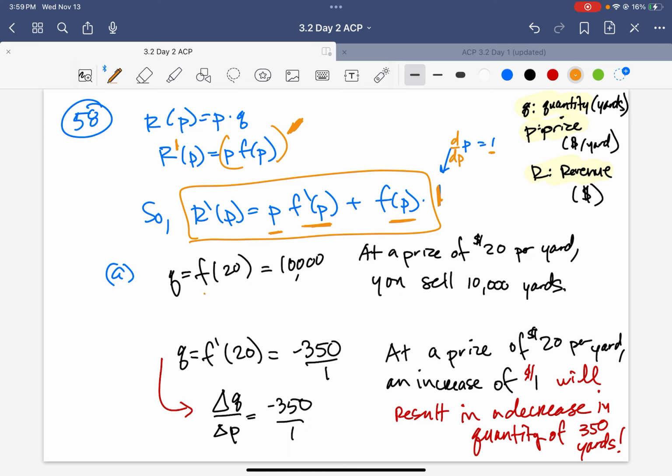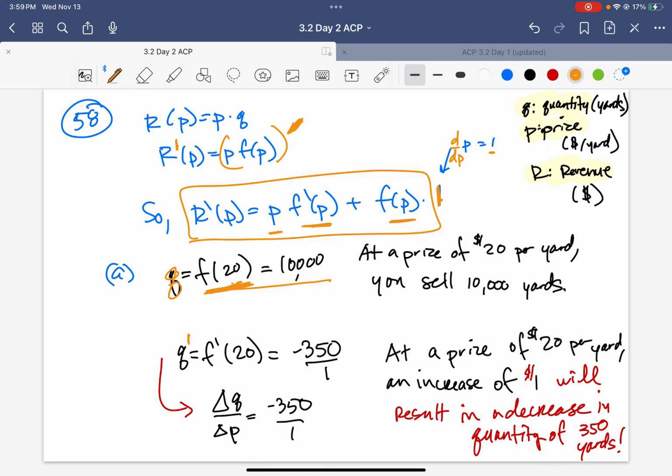Then they ask, what does f of 20 equals 10,000 mean? Well, f of 20 they defined as the quantity. So this is saying that at a price of $20 per yard, you sell 10,000 yards. Then f prime of 20 would be the same as q prime.